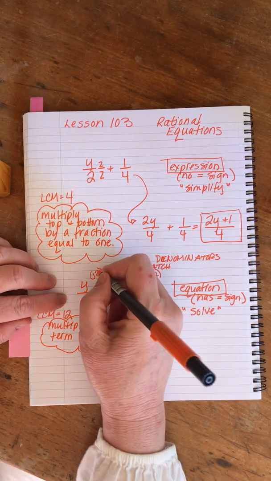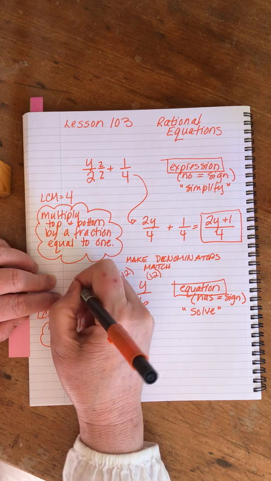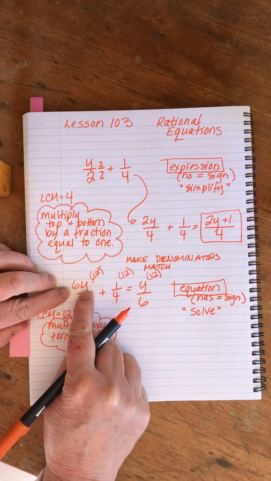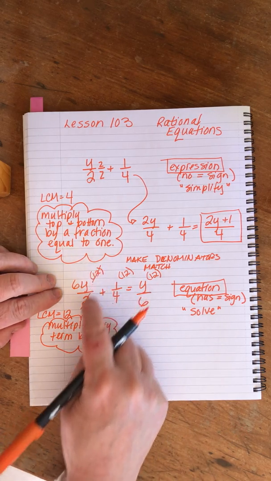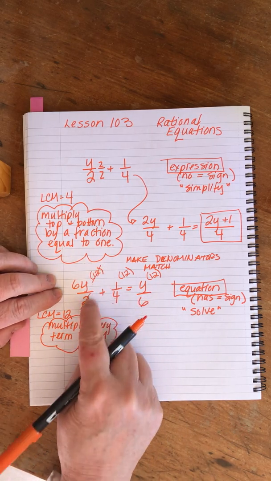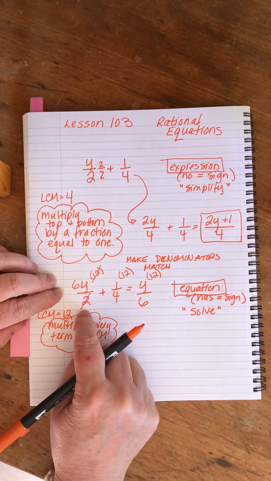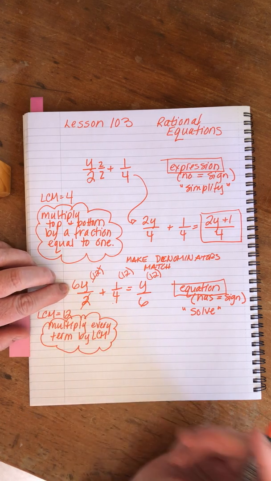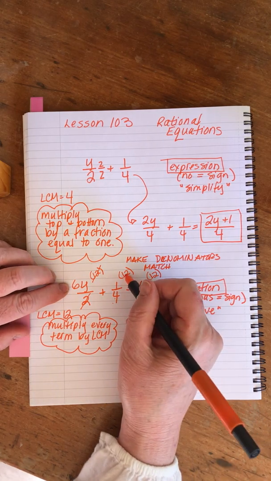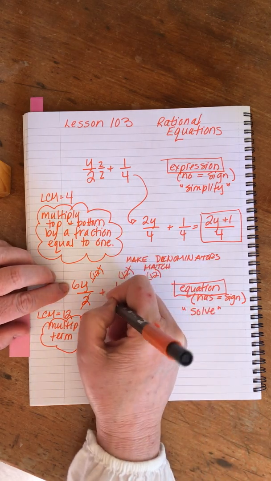2 goes into 12 6 times. So I'm going to write a 6 in front of that y because that now is the new coefficient based on these two, right? Multiplying by 12 allowed me to cancel my denominator, but it gives us a new number in the numerator. That's okay. I can live with that. 12 and 4, that reduces to 3.